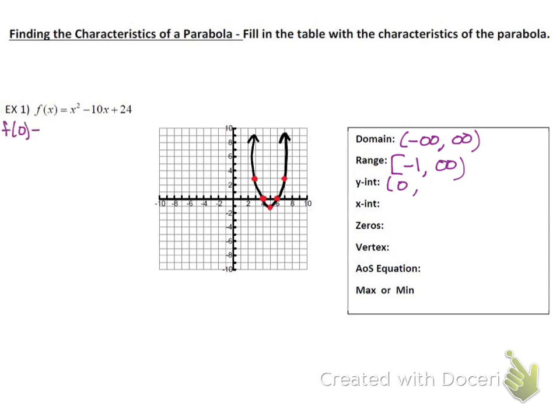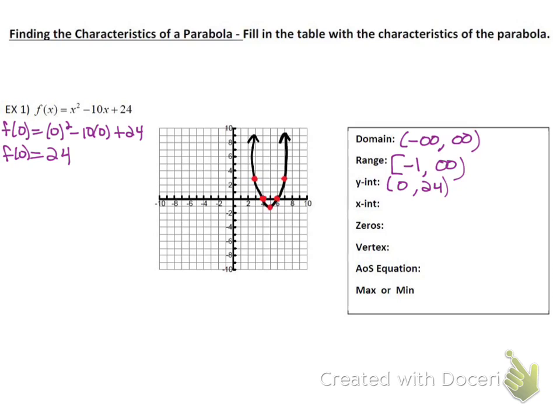So f of 0, and then wherever I see an x value, I'm going to replace it with 0. Typing this into my calculator, I figure out that f of 0 is 24, and that is the value that I'm going to go ahead and write in my y-intercept. Every single function has a y-intercept.